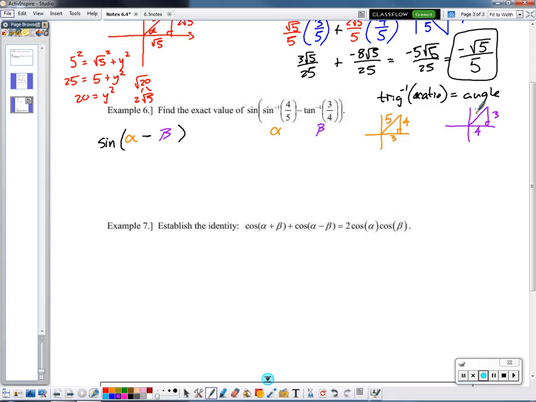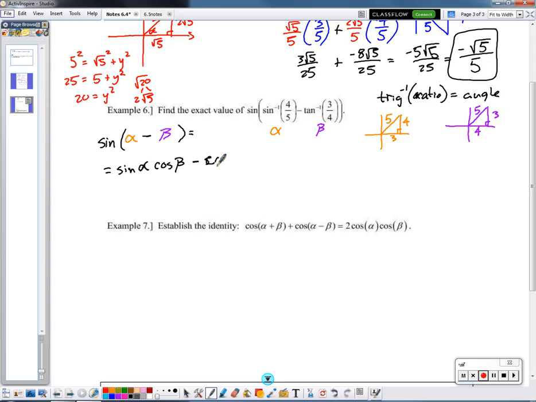So we want to go ahead now and find the individual sine and cosine function values of the difference formula. So this is equal to sine of alpha times the cosine of beta minus, sine stays the same, cosine of alpha times the sine of beta.